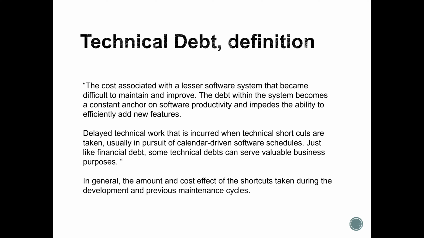There is a difference between global and local variables, and you have not used the proper way to separate global and local variables. So the proper coding practices have not been followed. We say, just like financial debt, some technical debts can serve a valuable business purpose.